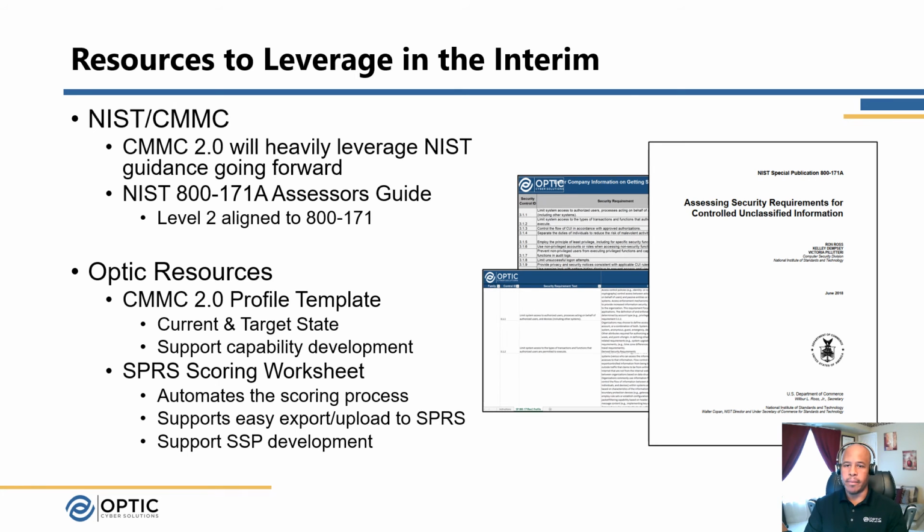It brings automation into the process, where you can fill in specific practices against the CMMC 2.0 practices, and it will build out a score based on the SPRS guidance. From that, you can easily import and upload to the SPRS system, and also support SSP or System Security Plan development.